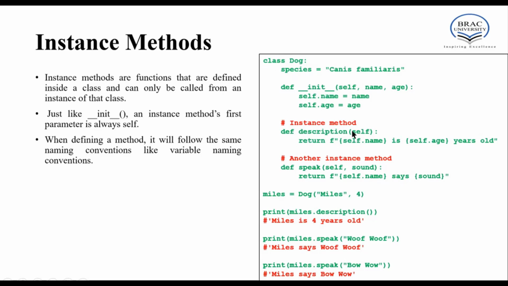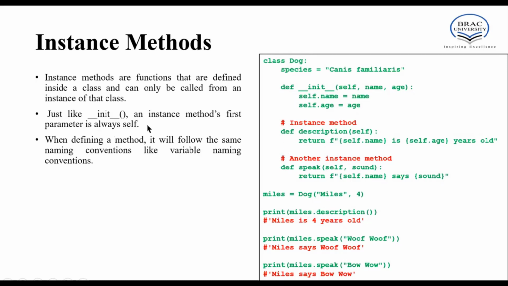So if you want to access this method, you just need to create an instance of dog. So miles is an instance of dog, and then you just need to call this method using this object name, miles.description. This is how you can call a method inside a class.